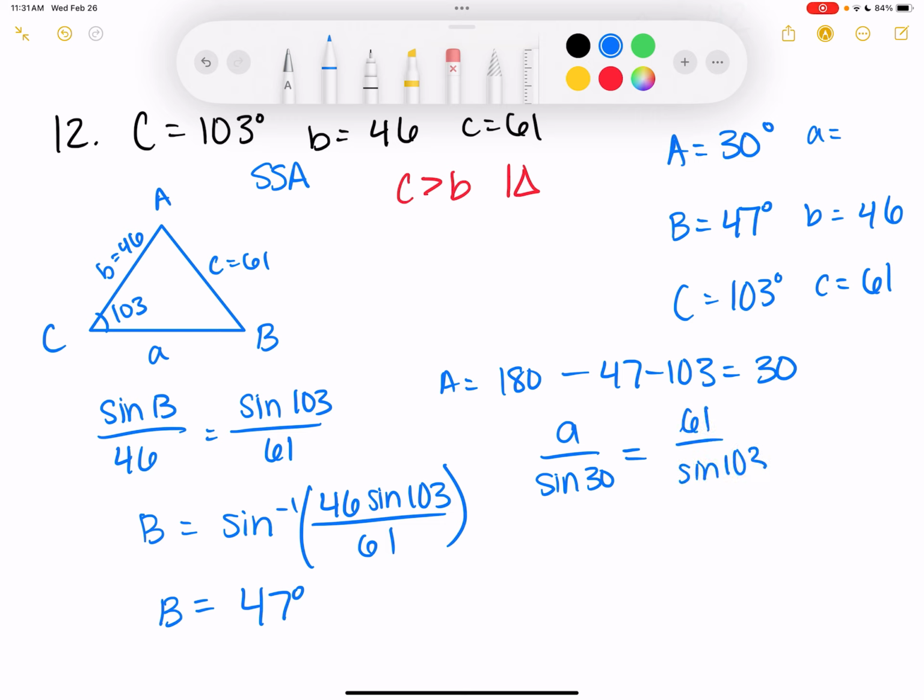So A is 61 sine of 30 over the sine of 103. You say 31.